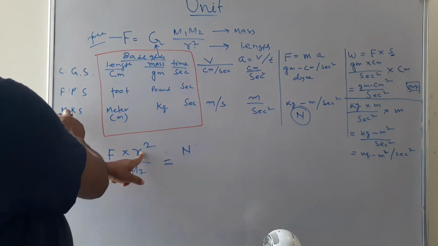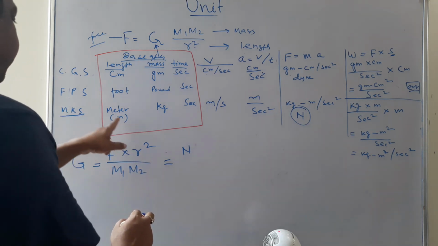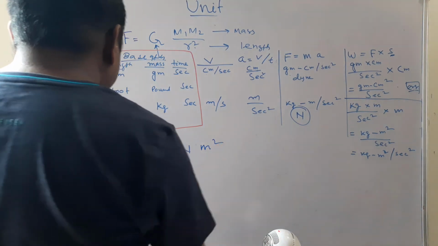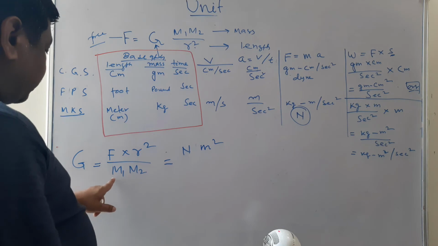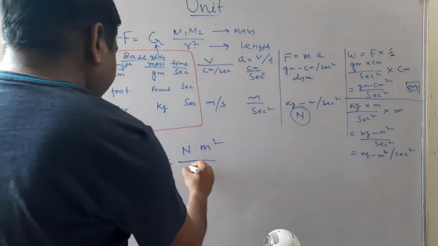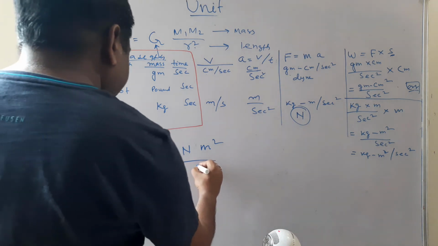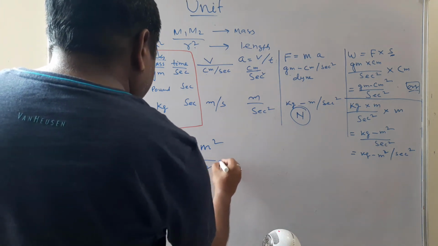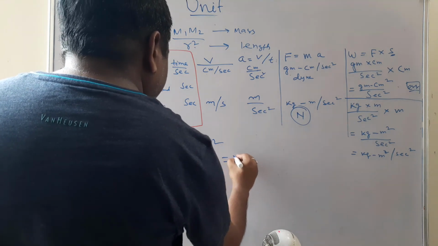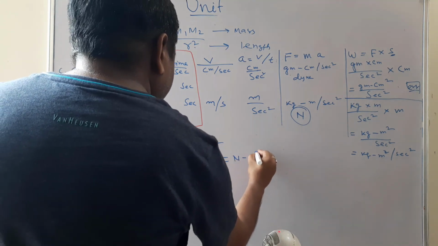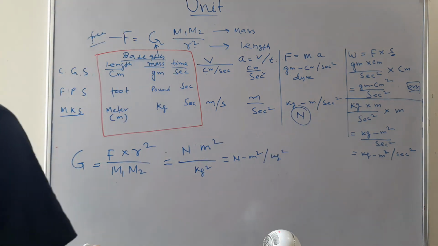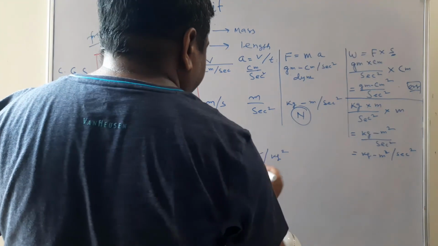Length in MKS is meter, so this is meter square by m1 into m2, this is mass, means kg into kg, so this is kg square. So you can write it as Newton meter square per kg square, right?